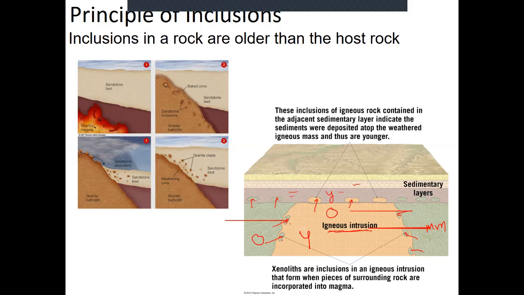Igneous rock is older. You see here, the shale is hosting pieces of metamorphic rock. So it says the shale is younger and the metamorphic rock is older, which makes sense because we already established that the shale is younger than the igneous rock and that the igneous rock is younger than the metamorphic rock. So therefore, the shale would have to be younger than the metamorphic rock, which these inclusions tell us it is.